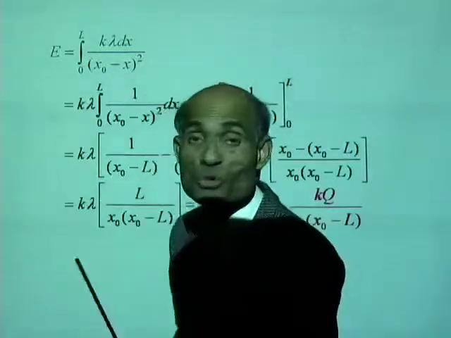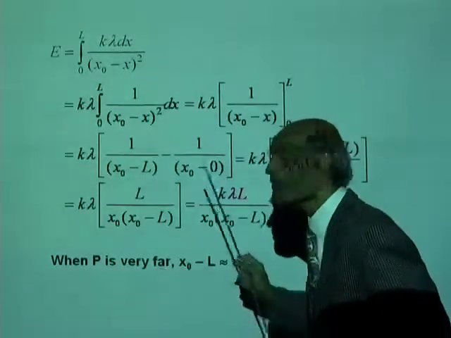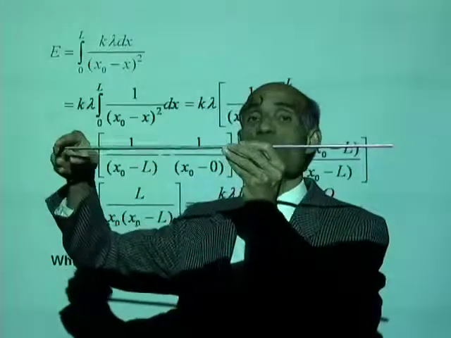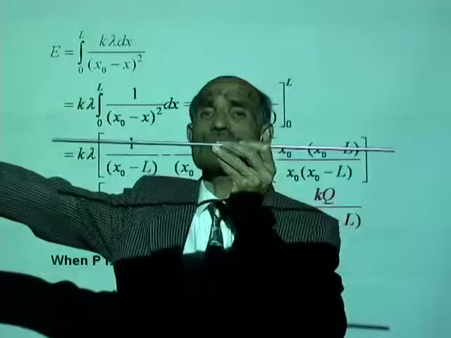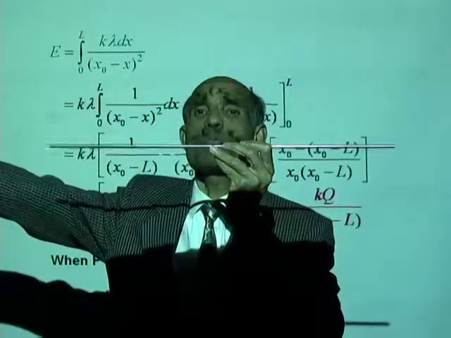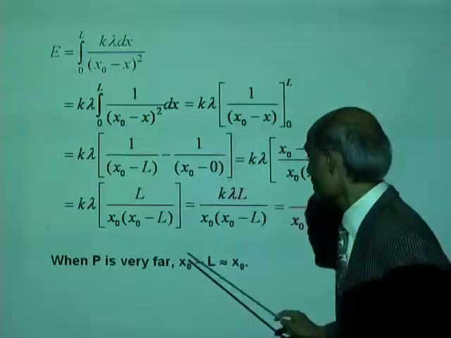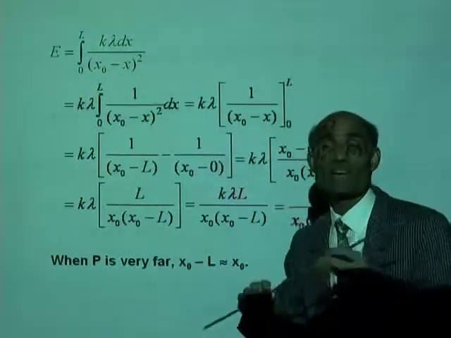Now, let's do some approximations. When P is very far, now if this is the charged object and you take a point very far, say if I'm standing at Port Charlotte, take a point in Fort Myers, then you know that x0 minus L will be approximately x0.